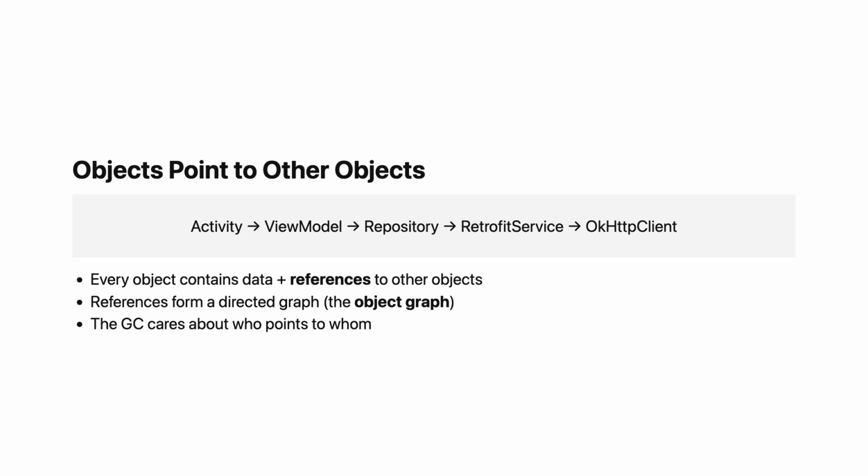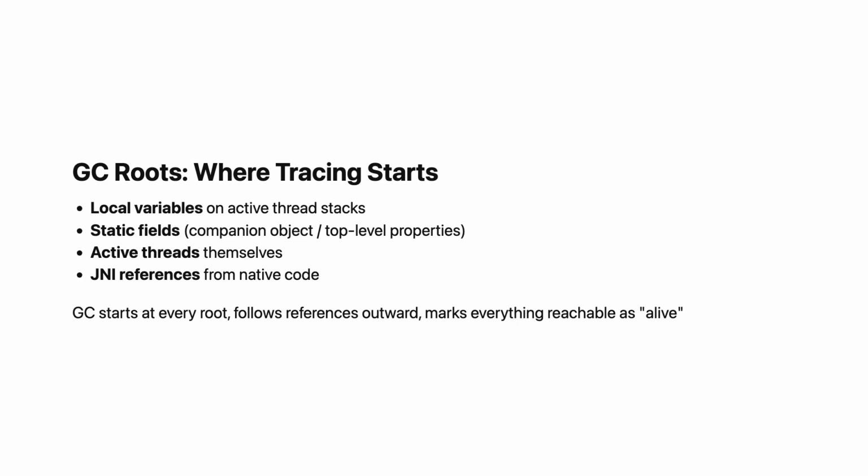Local variables on active thread stacks, static fields, which in Kotlin means companion object properties and top-level properties, active threads themselves, JNI references from native code. Think of GC roots like the main electrical panel in a building. If a wire connects to the panel, power flows through it to whatever is on the other end.